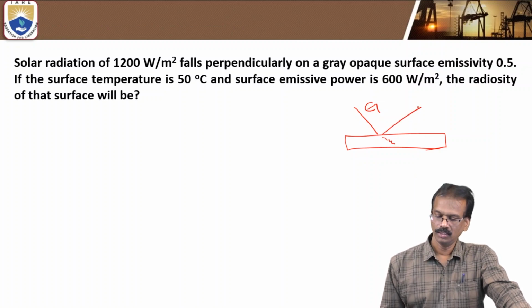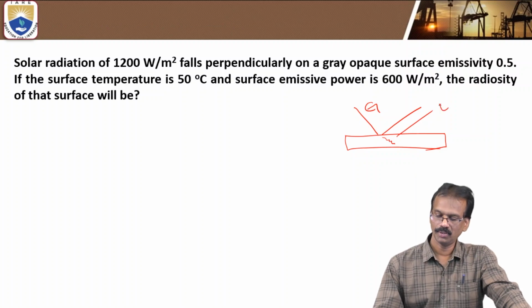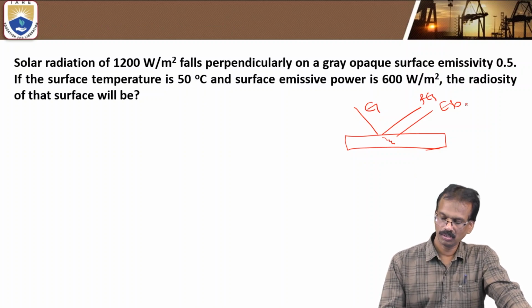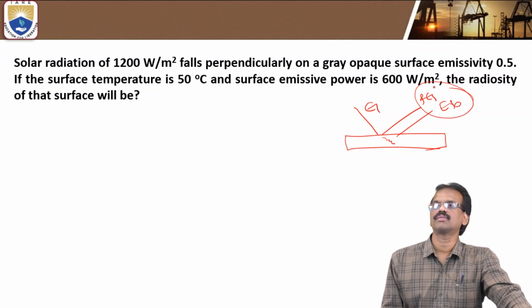Because of the absorbed energy, the surface emits energy, EB. So rho G and EB, we already discussed this. The addition of these two is called radiation.